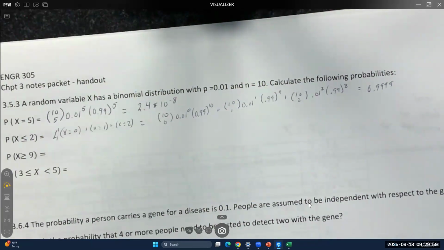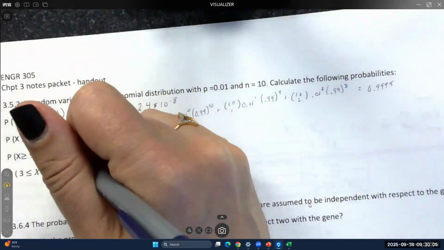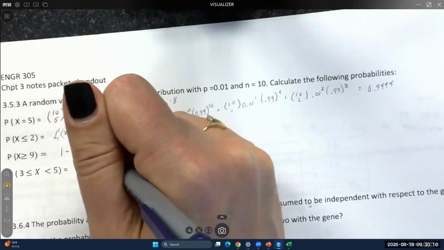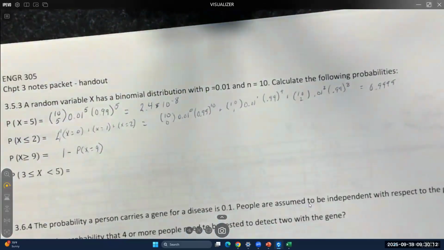And the probability that x is greater than or equal to 9 is actually equal to 1 minus the probability that x is equal to 9. Oh, I'm sorry, this is out of 10 trials. Well, I can do it both ways.